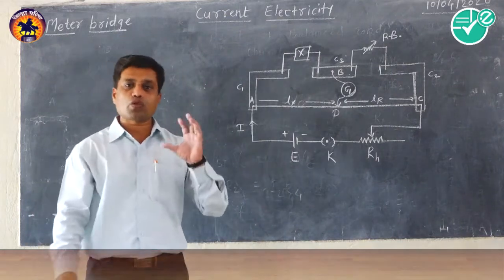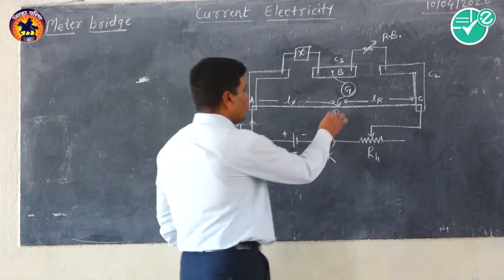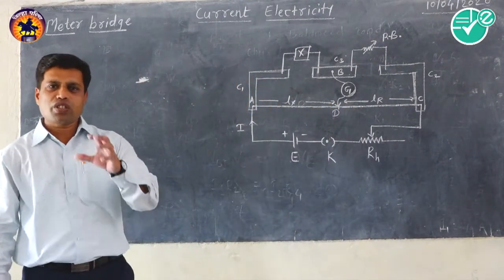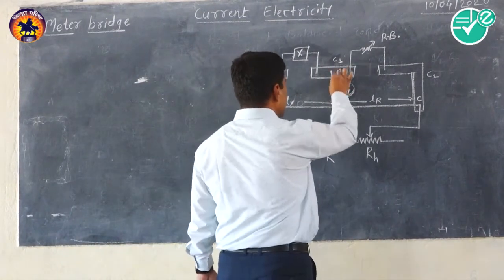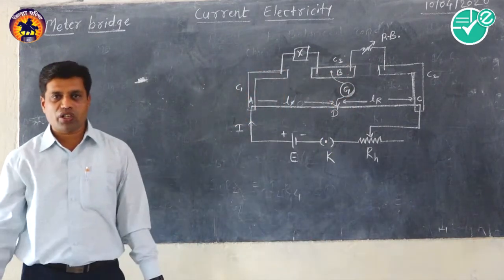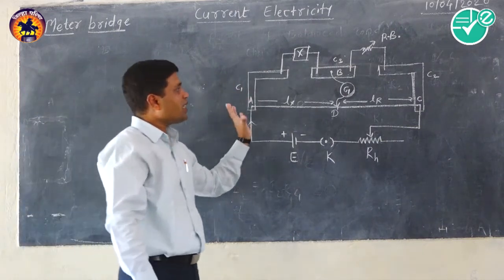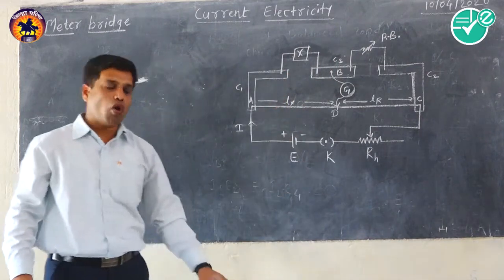At that point you have to stop moving the jockey and mark this point as D. Galvanometer shows null deflection, meaning point B on copper strip C3 and point D have the same potential. If these two points have the same potential, we can say that the meter bridge is balanced. Balancing condition we have got here.